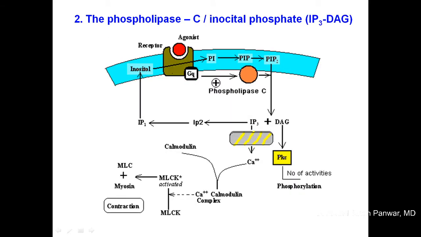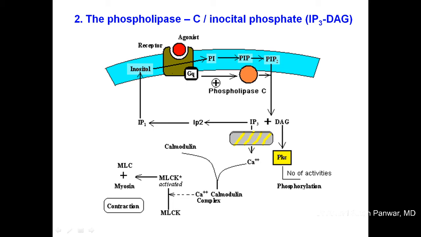Then the second one is the phospholipase C, inositol phosphate IP3 DAG system. Now stimulation of phospholipase C, mediated by Gq protein, results in formation of intracellular messengers like IP3, that is inositol 1,4,5 triphosphate, and DAG, that is called diacylglycerol, from the membrane phospholipid PIP2, phosphatidyl inositol 4,5 biphosphate.